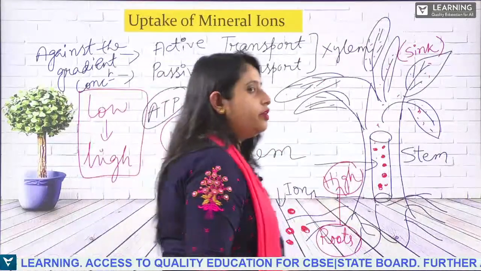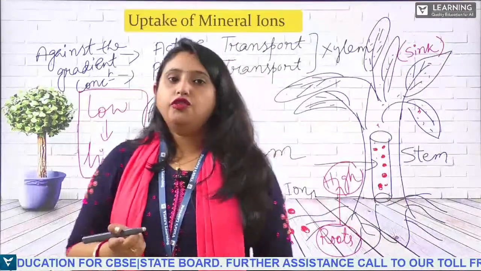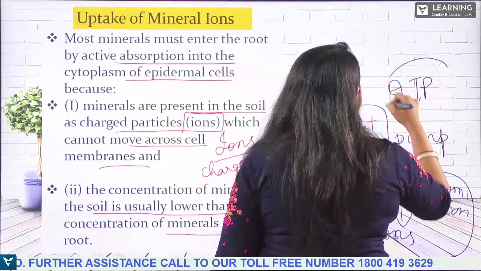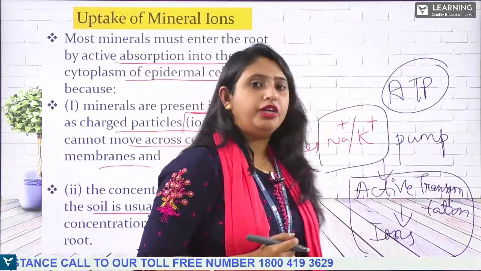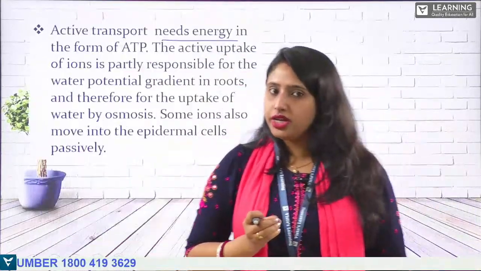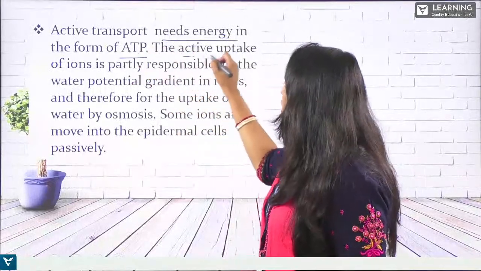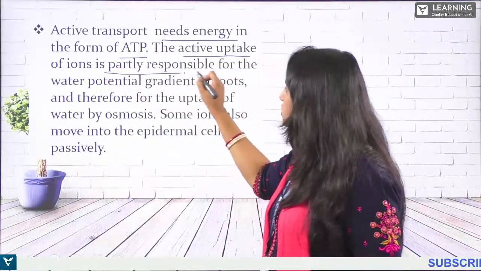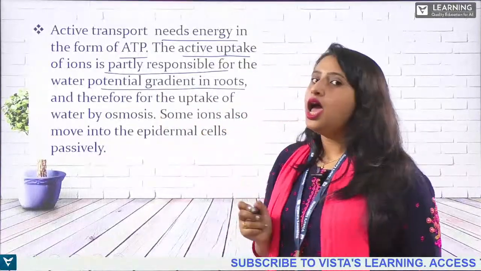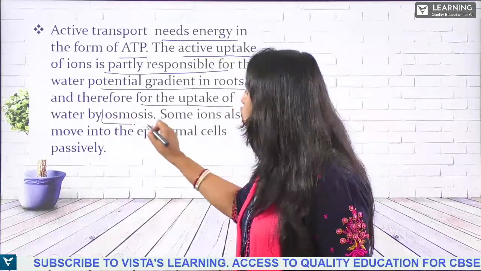There is a requirement of energy in the form of ATP because the molecules are moved against the concentration gradient. So the active uptake of ions is partly responsible for the water potential gradient into roots and therefore for the uptake of water by osmosis.